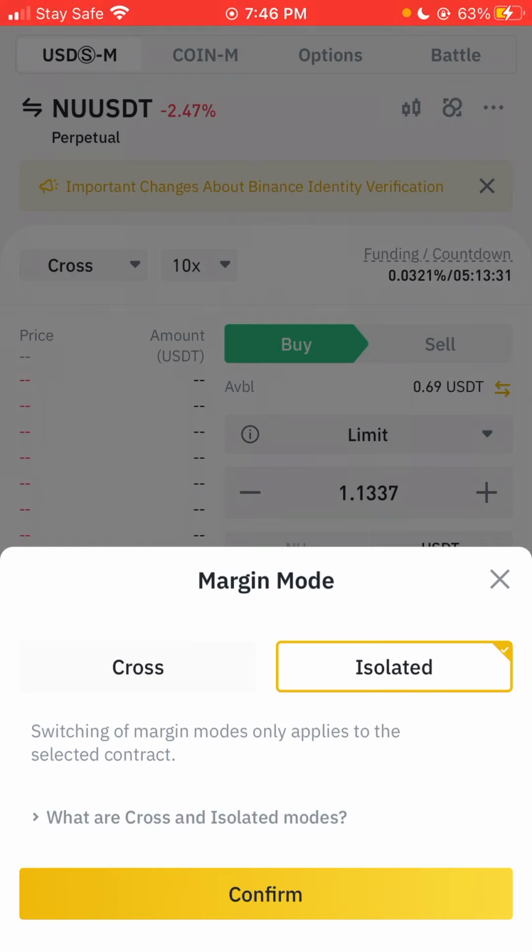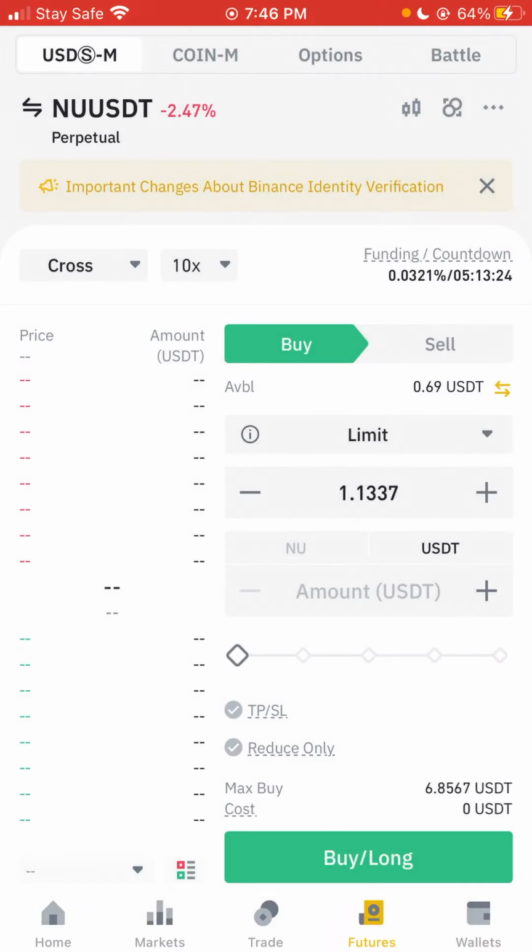What is the difference between the two? On cross, let's say you are trading and you're at a loss. You started trading with $100 and you used a higher leverage, and your equity can't cover your loss anymore.